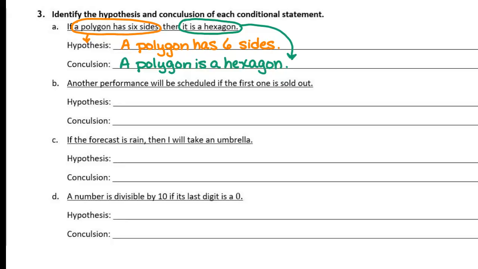When we're writing things in English, it is normal to not repeat the subject of the sentence twice. We would use a pronoun like it. But when we're writing out our hypothesis and our conclusion, we want to put what is the subject of the sentence there. We don't want to use a word like it.